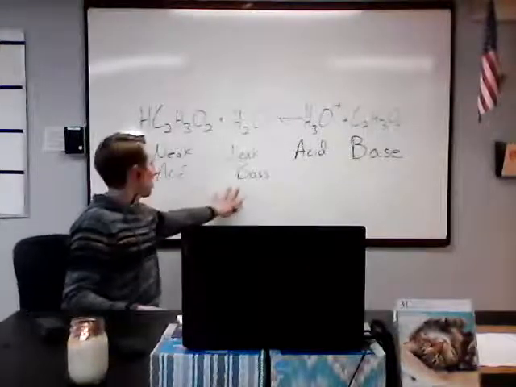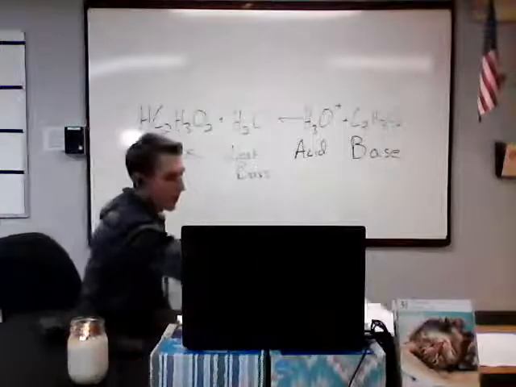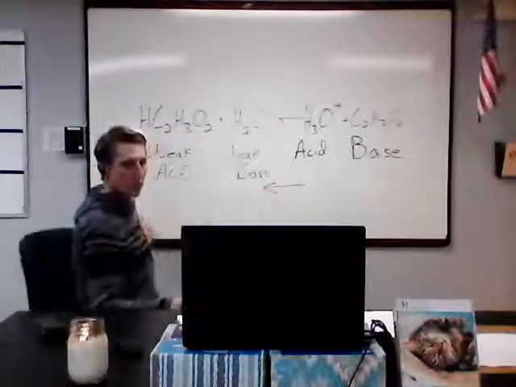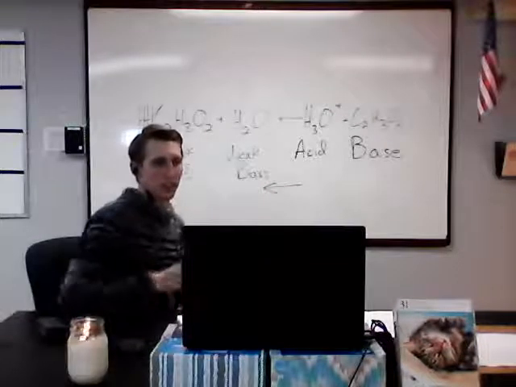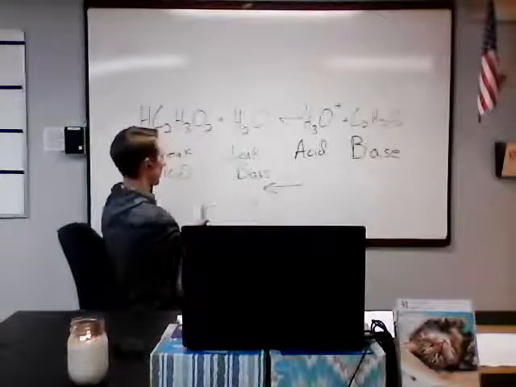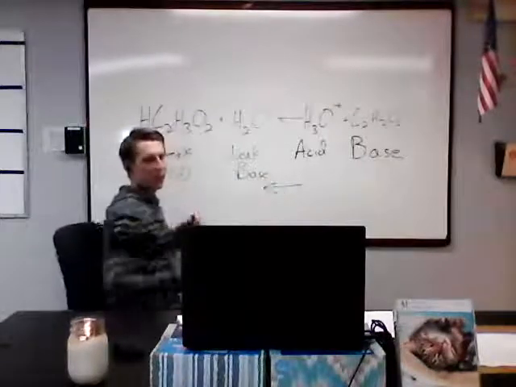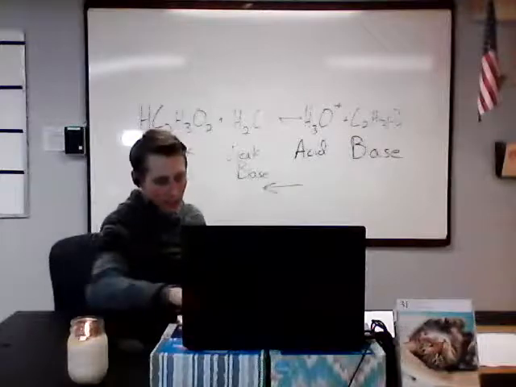So which one? The left side. There you go. So this one is going to shift left. Did anyone notice I spelled weak wrong? Okay, there you go. My spelling is catching up to me.